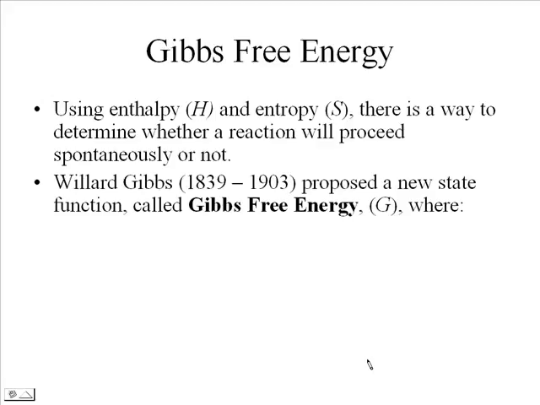Willard Gibbs, who lived in the 1800s, proposed a new state function that combines enthalpy and entropy. The Gibbs equation is that G, which is the Gibbs free energy, is equal to the enthalpy minus the temperature times the entropy.